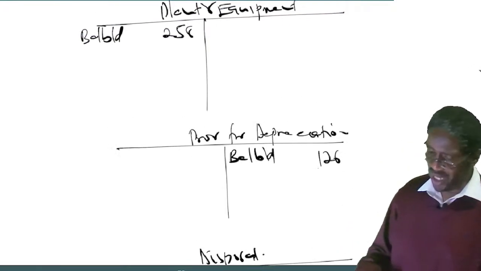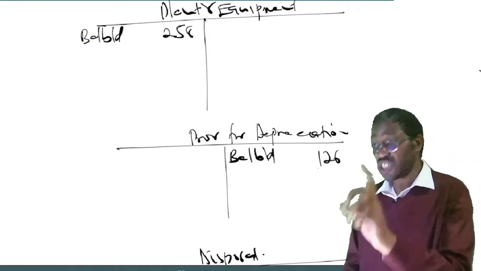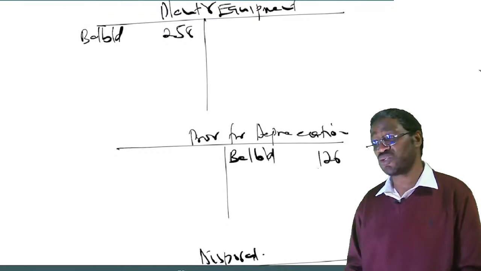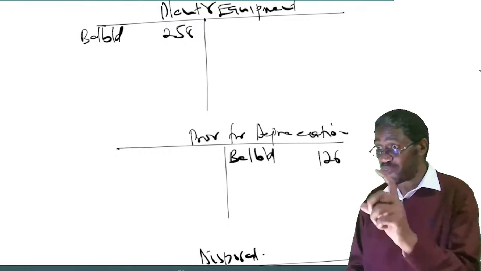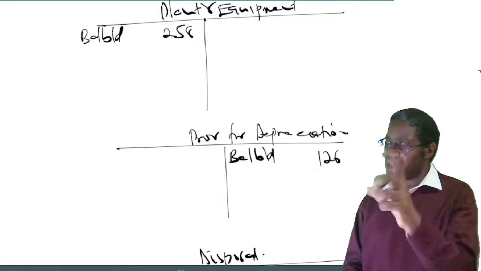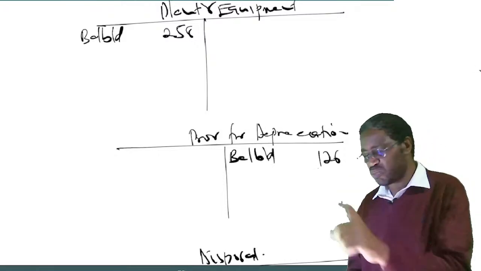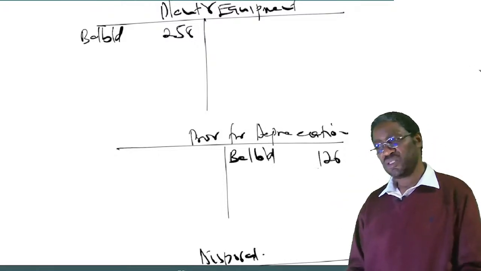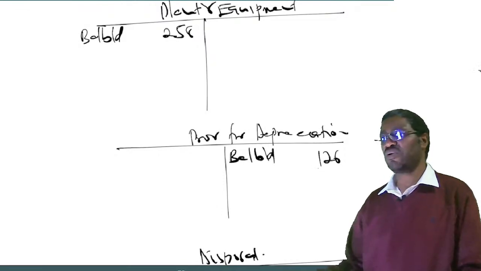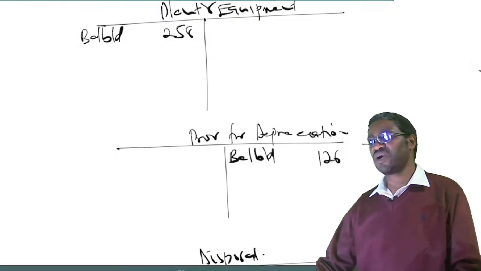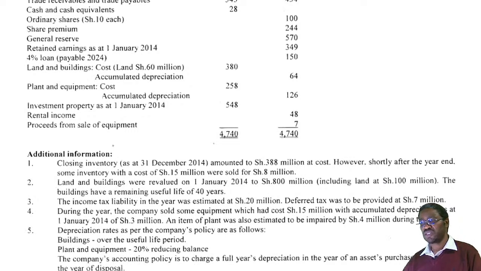So step number 1, I've told you, is to transfer the cost price of the asset sold from the asset account to the disposal account. We were told by note number 4 that this equipment which was sold had a cost of 15 million.